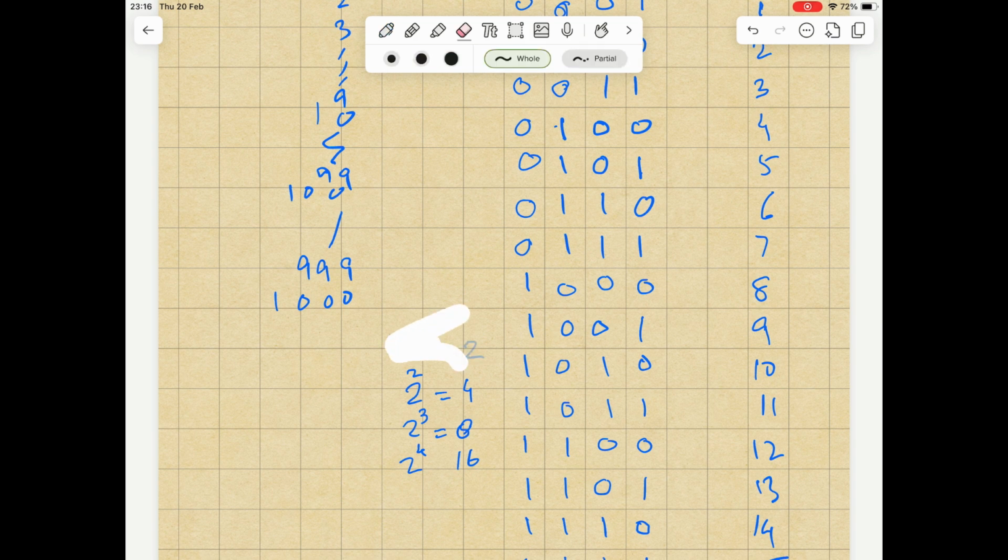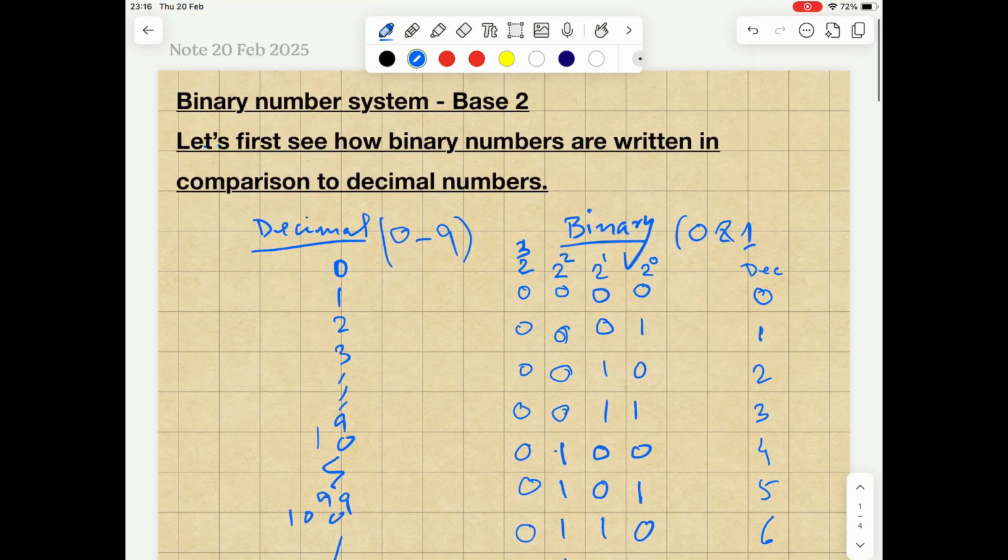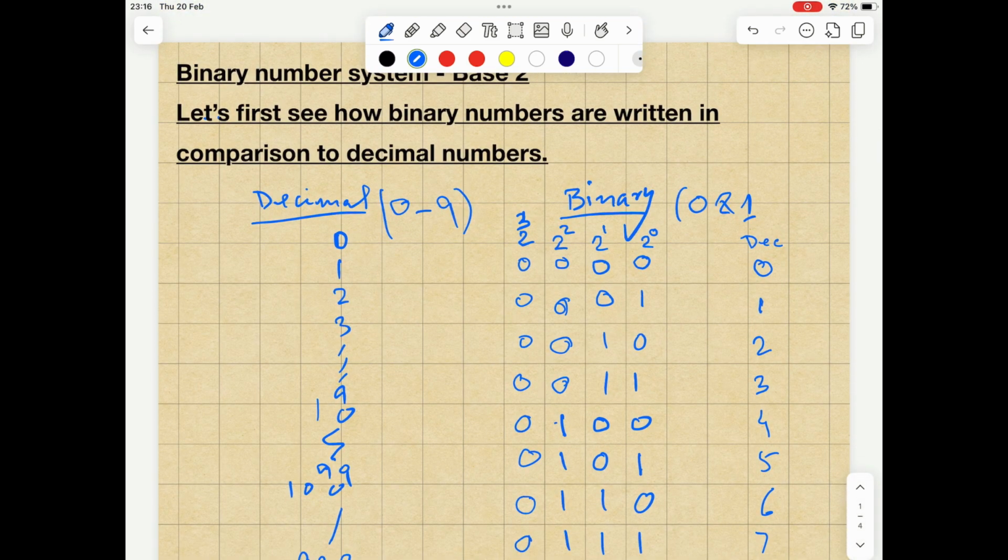So if we leave them out and go up and check, the first zeros are all 0 anyway. And if we look at this one, there's only a 1 in the first column, which means 2 to the power 0. That answer will be 1.